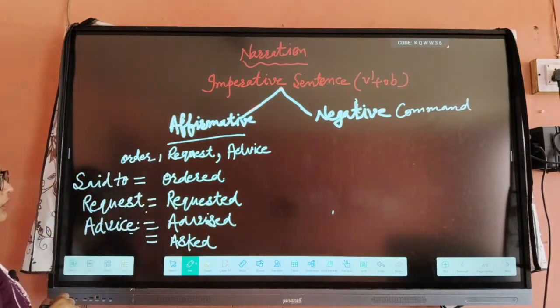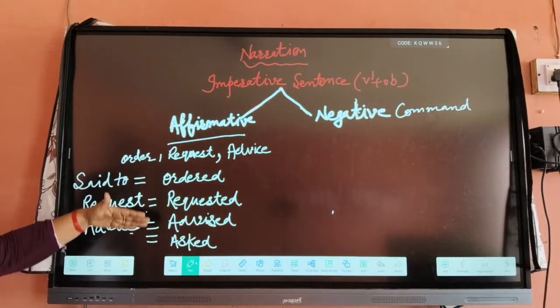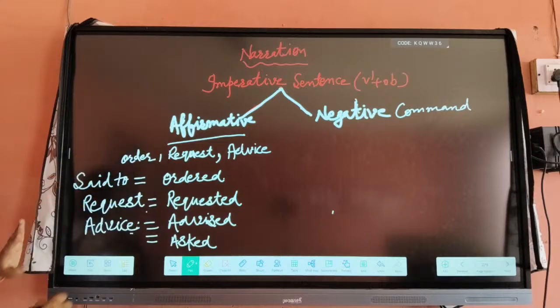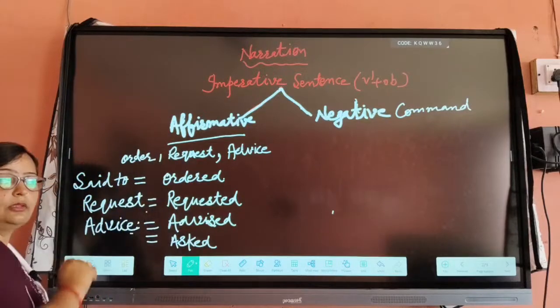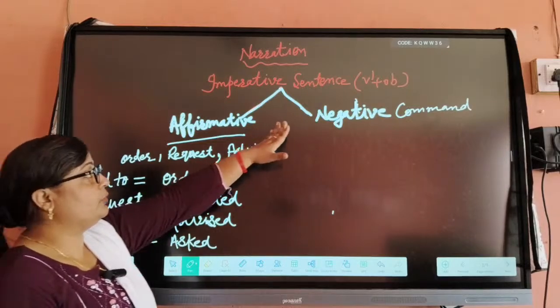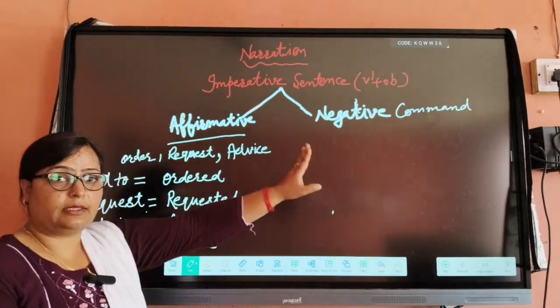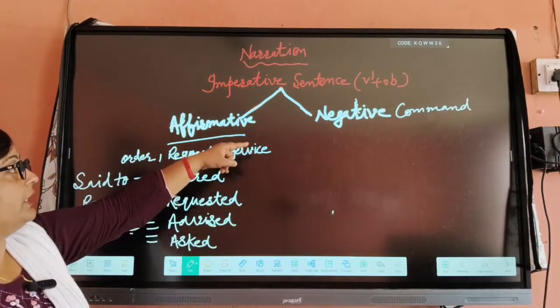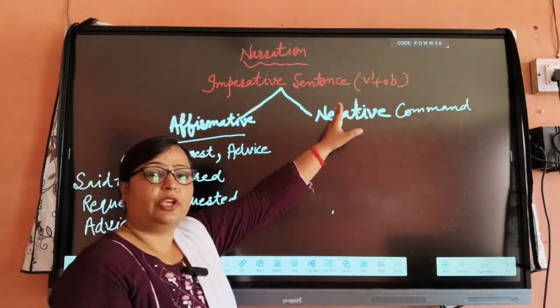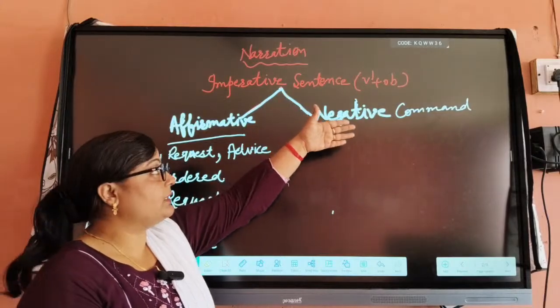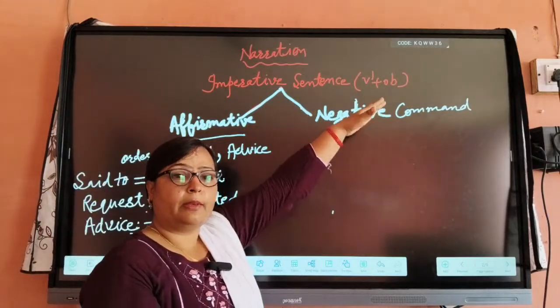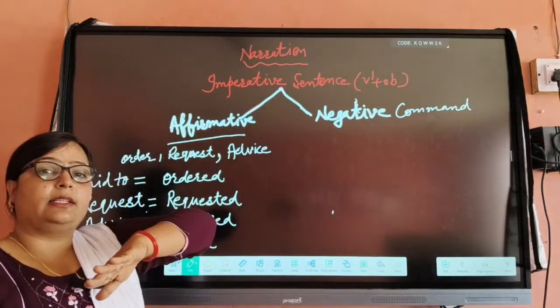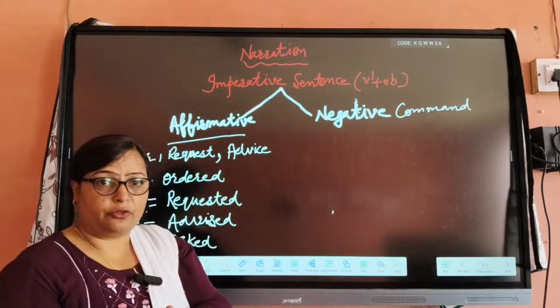First of all, how will we change narration of affirmative? First of all, we should identify the type of sentence. When we are going to change our narration, we should see if our reported speech starts with the verb's first form plus object, then that sentence will be an imperative sentence.